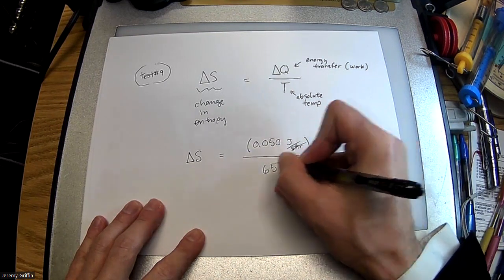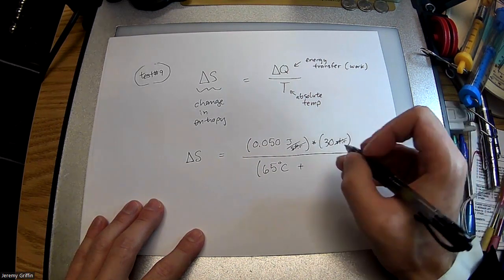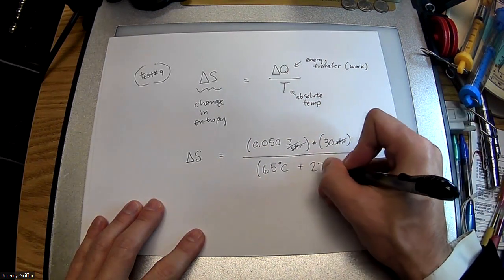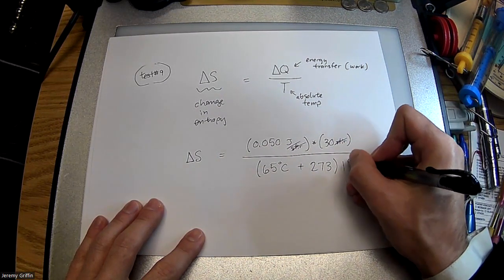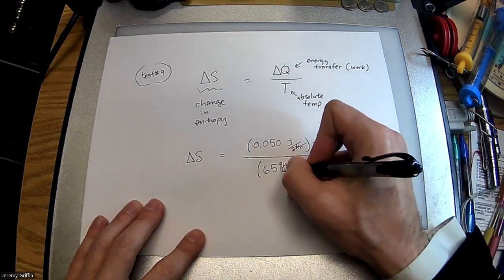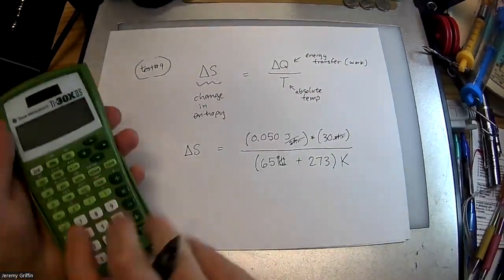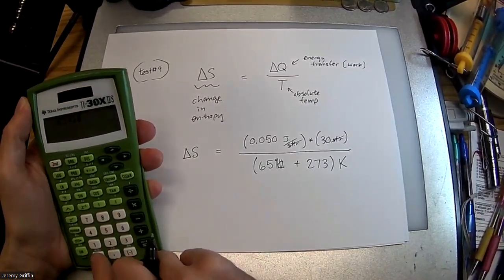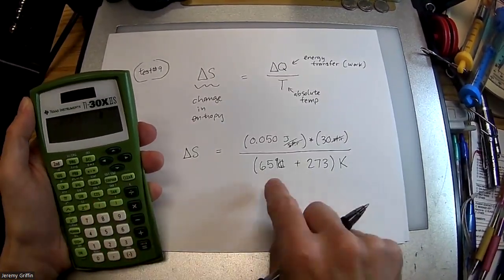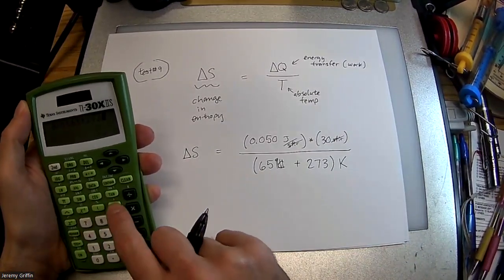I have to add what to it? 273. Oh yeah, Aaron got it. So that I can get some temperature in Kelvin. Now that gives me a temperature in Kelvin, right? That's the number. Let's try that. So that energy per stir times that many stirs divided by, and then open some parentheses here, the temperature in Celsius plus 273 to get it in Kelvin.